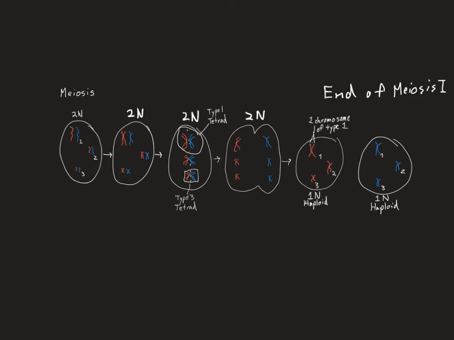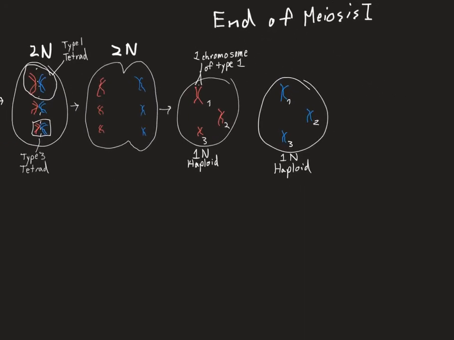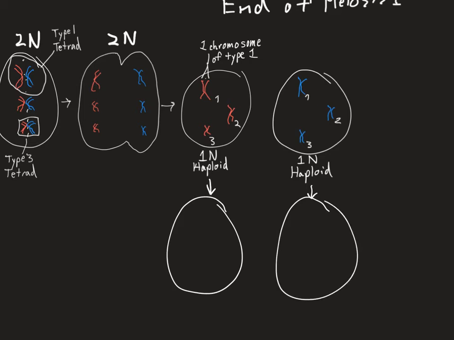Now let's do meiosis 2 for both of these cells, just to be complete. So what's going to happen is, and I'll just start moving down here, we'll look at both of them. We end up this time with the sister chromatids actually lining up across from each other at the metaphase plate in meiosis 2.